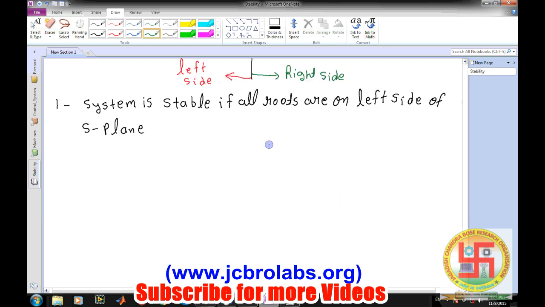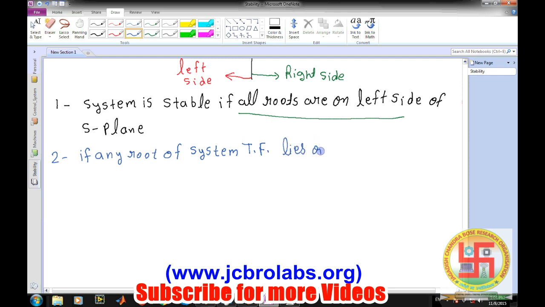So our system will be stable if all roots lie on the left side of the S plane, and if any root of the system transfer function, whether it is a closed loop transfer function or an open loop transfer function, which is why we are saying system transfer function, because it could be a closed loop system or open loop system, lies on the right side of the S plane, then our system is unstable.